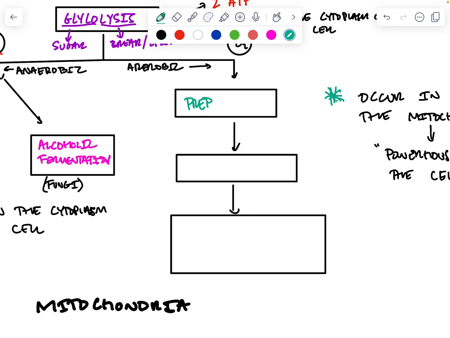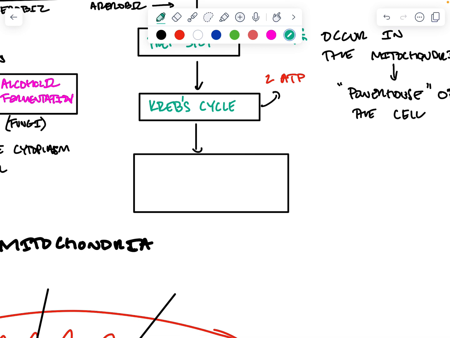Okay, the first set of reactions after glycolysis, if oxygen is present, are called the prep steps. They are a getting ready set of reactions. Then this is followed by the Krebs cycle. And during the Krebs cycle, 2 ATP are produced. And then the last set of reactions is called electron transport phosphorylation.